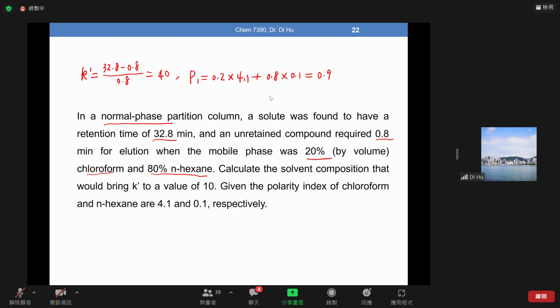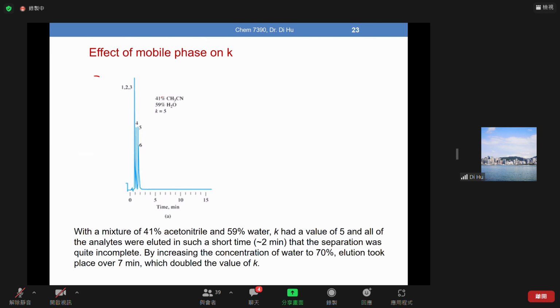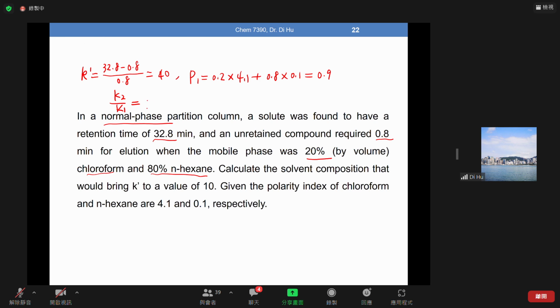That is very good. And we will write down the equation, right? Because now it's normal phase, guys, it's normal phase. So K2 over K1 equals 10 to the power of (P1 minus P2) divided by 2, right?